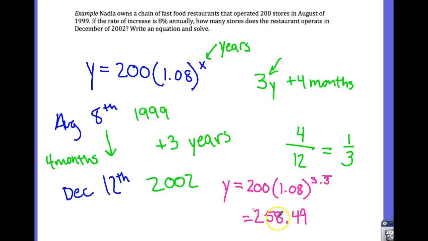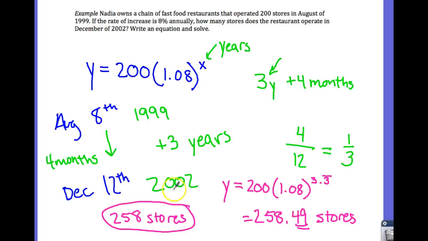When we plug this into the calculator, we get about 258.49 stores. Of course, you can't run 0.49 of a store, so we're going to say that this is 258 stores in December of 2002, after 3 years and 4 months.